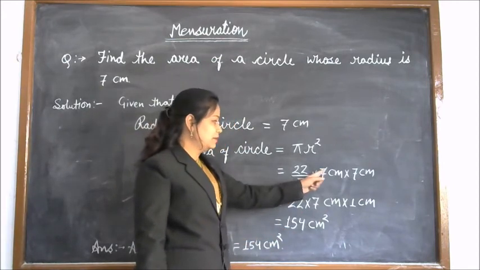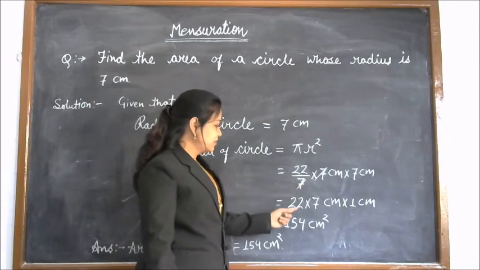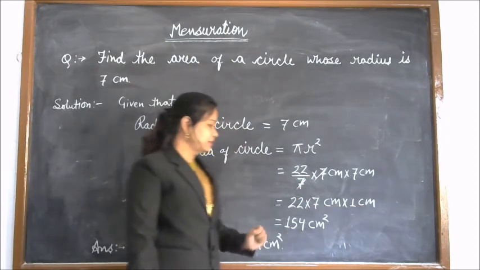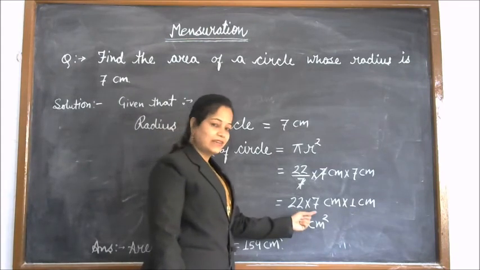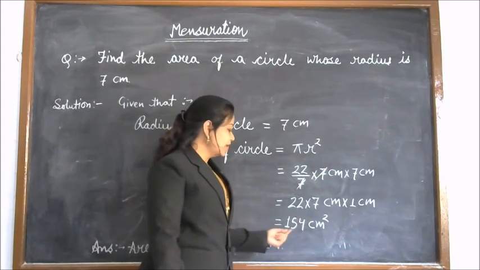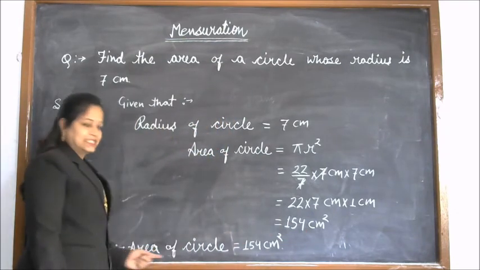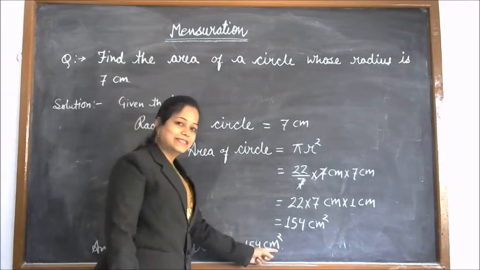This 7 will be cancelled out by this 7 and we have 22 into 7 centimeter into 1 centimeter. After multiplying 22 and 7, we will get 154. So area of circle is equal to 154 centimeter square.